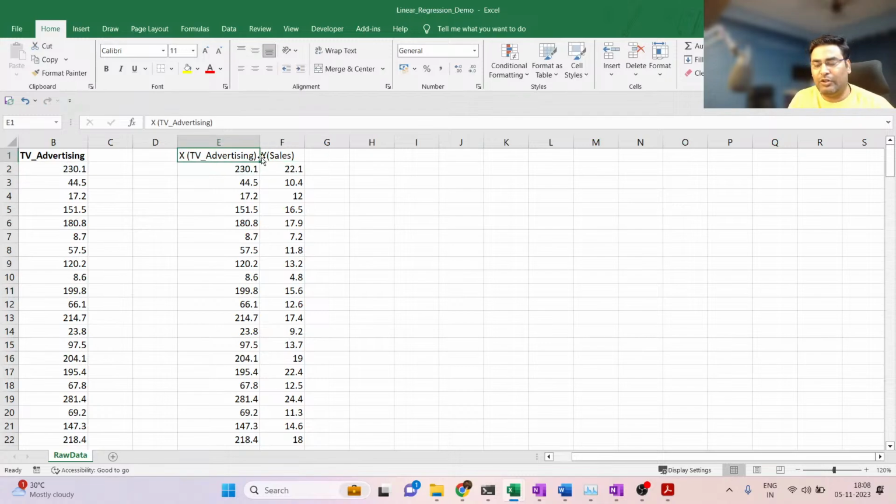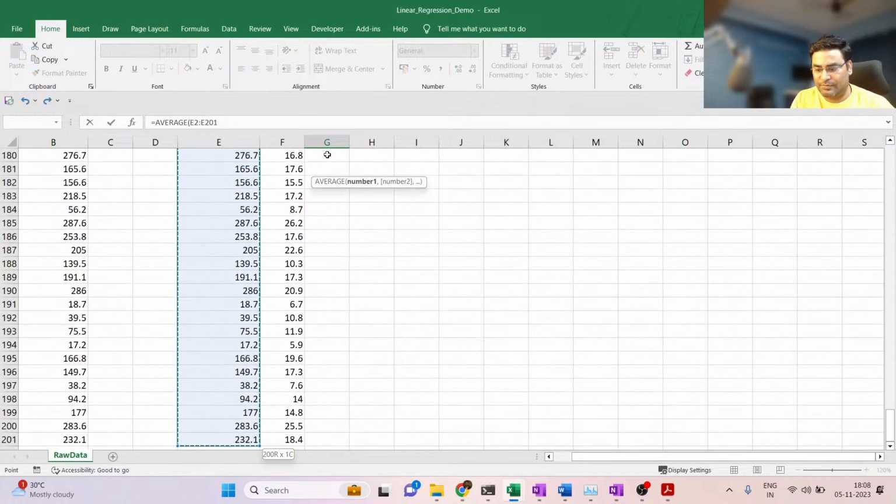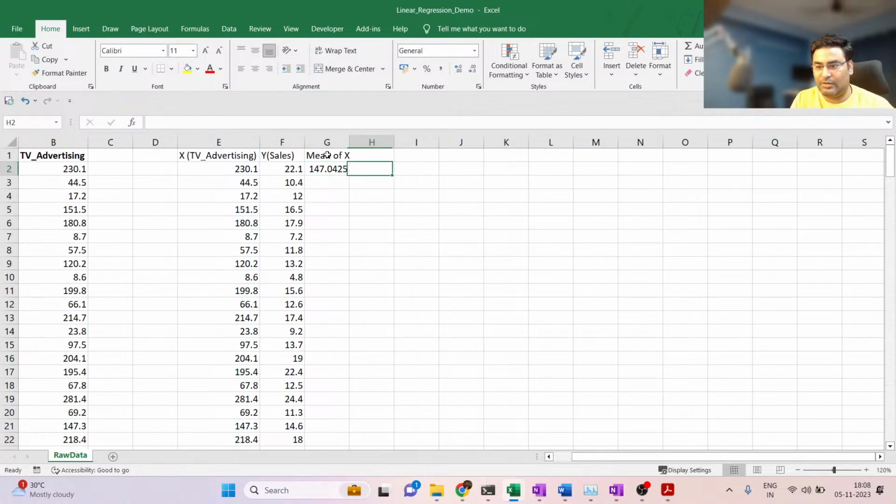Correct. Now you have the X, you have the Y. So generally what we do, and we should do all the time, is find the mean of X. That's the first thing you should do in any data. So mean is going to be the average. Perfect.